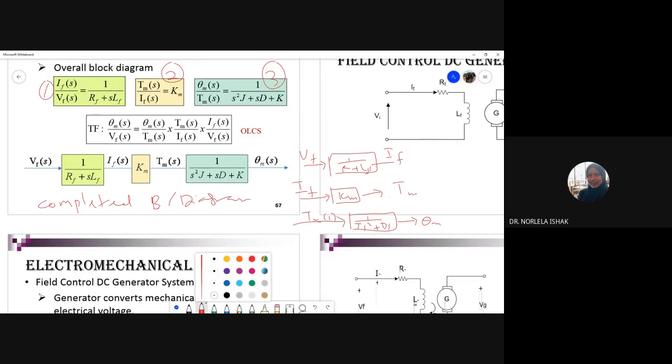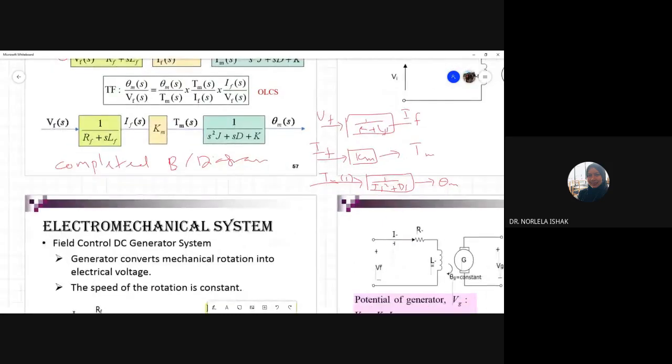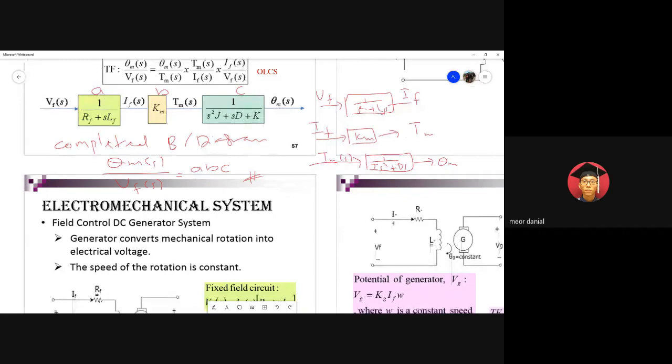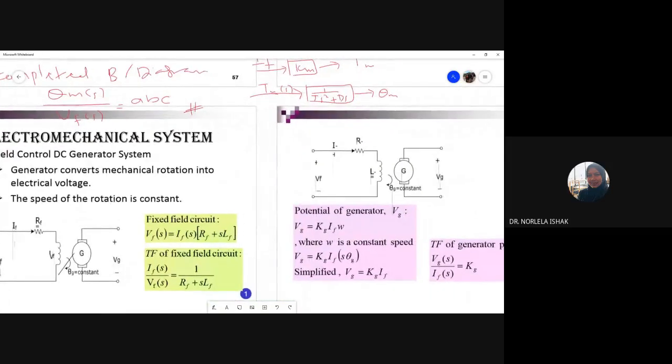What is the transfer function? Theta, the angular displacement, over the input, let's say this is A, this is B, this is C, so it is a cascade: A multiplied by B multiplied by C. This is the transfer function. Okay? So far so good? Good. Very good.